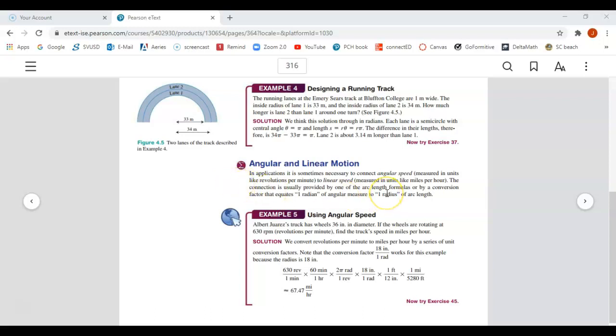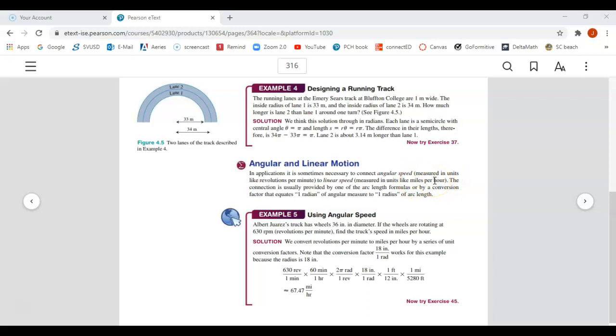Obviously, you're very familiar with your speedometer, right? To tell you how fast you're going, that is your linear speed, right? Those things get measured in things like miles per hour. So all this has to do with simply how fast you are traveling in a straight line, right? And we talk about the distance that you would travel horizontally over a period of time.